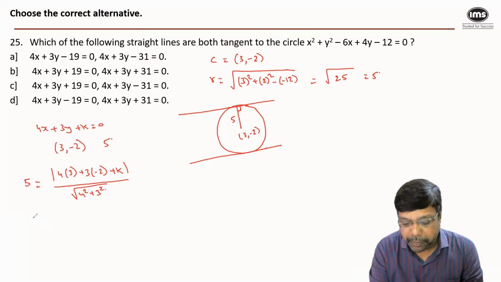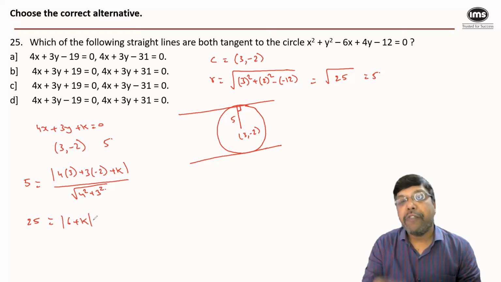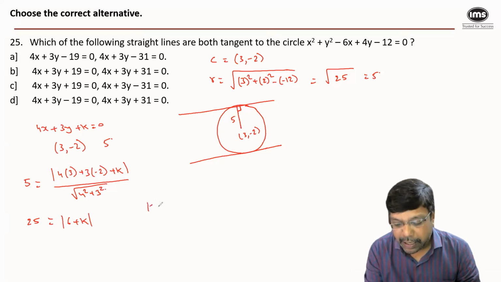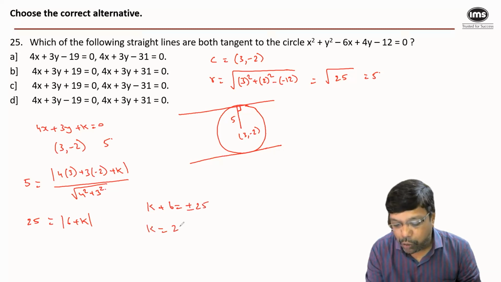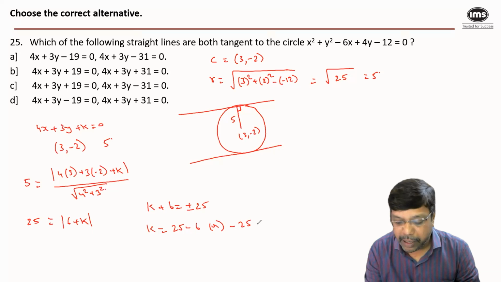So I would get 5 into 5, 25 is equal to mod 6 plus k. If I remove the modulus, I get k plus 6 is equal to plus or minus 25. So k is equal to 25 minus 6 or minus 25 minus 6.